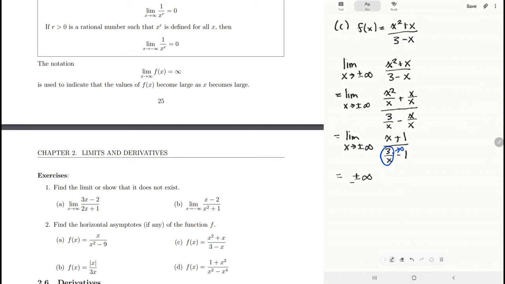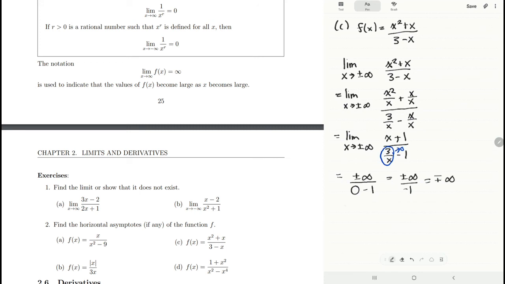So the numerator goes to either a large positive or negative number. In the denominator, we have 0 minus 1. And so we have plus or minus infinity over negative 1, which gives us negative or plus infinity.